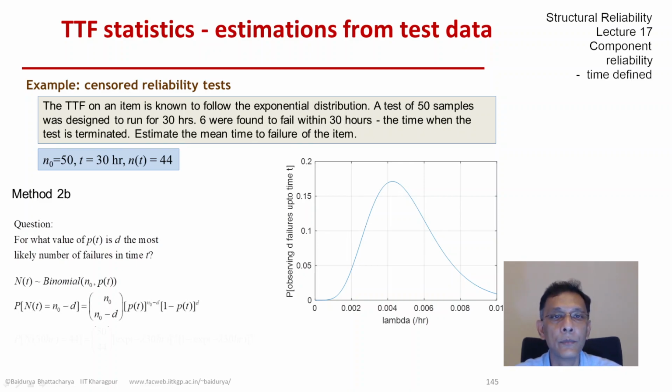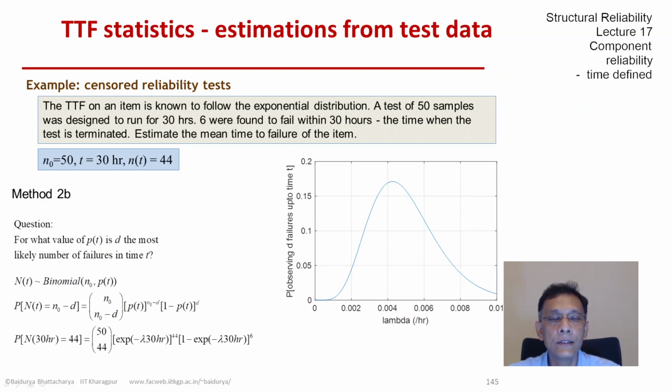So this is the binomial probability of observing d failures or n0 minus d successes. So there are 44 or n0 minus d items that are up at time t. So the probability of that is dependent on lambda, clearly, as we see.